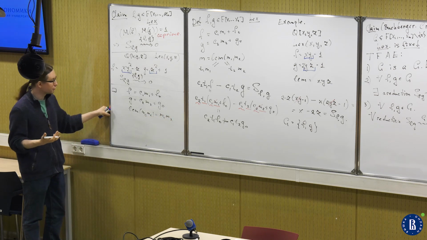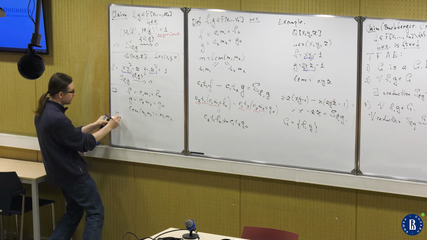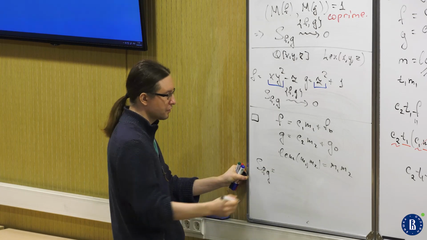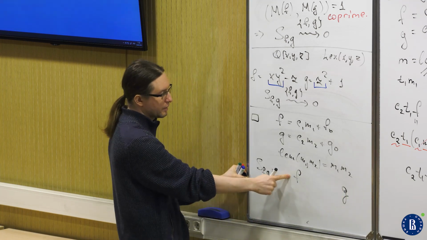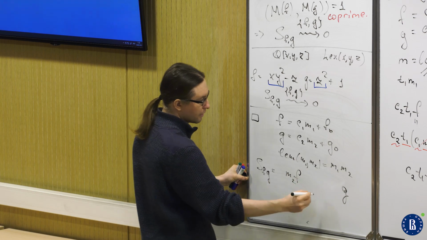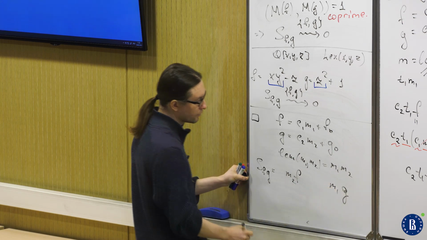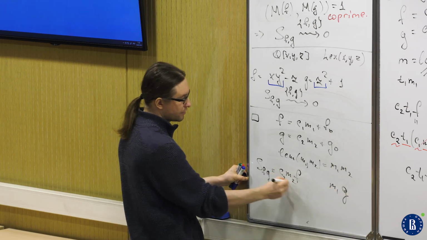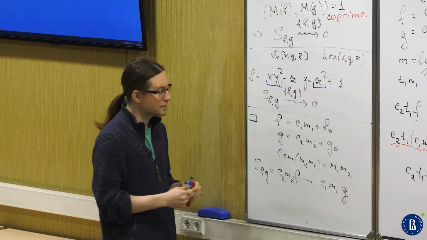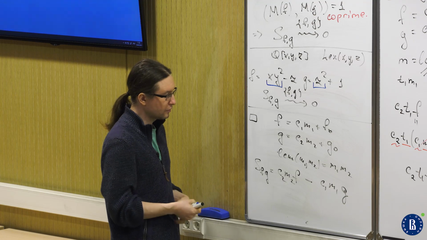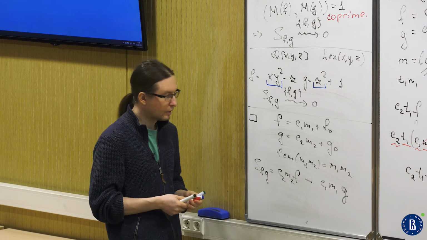By the definition, the S polynomial is computed as follows. We multiply f by m2 and g by m1, multiply by c2 and c1, and subtract one from the other. This is by definition the S polynomial.